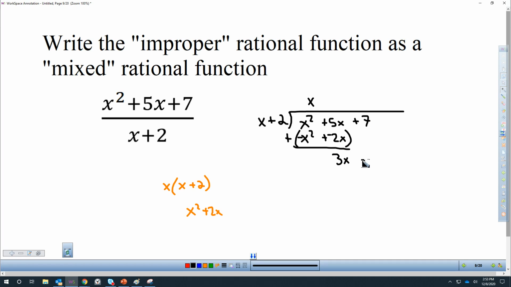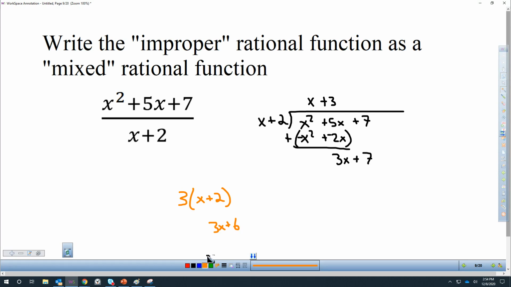Okay, now we're ready to drop the 7 down, and I go back to my first step in the cycle. I want to times x by something to get 3x. So that would be a 3. Now let's multiply 3 by x plus 2 and see what you get. 3 times x plus 2. If I distribute that, 3 times x is going to be 3x, 3 times 2 is going to be 6.